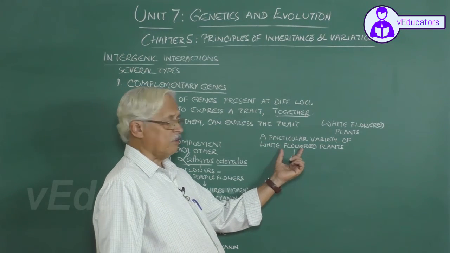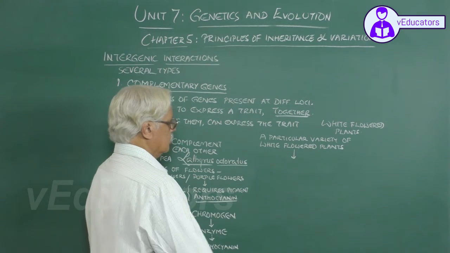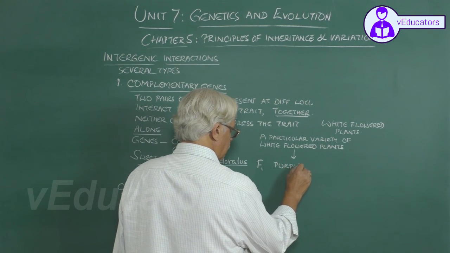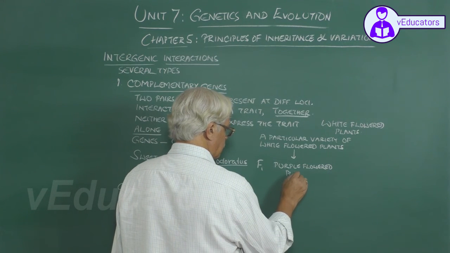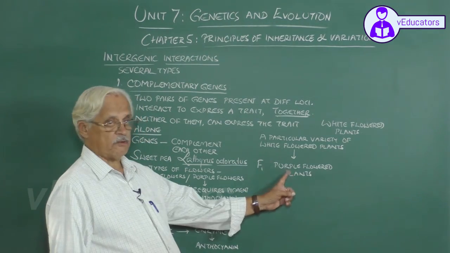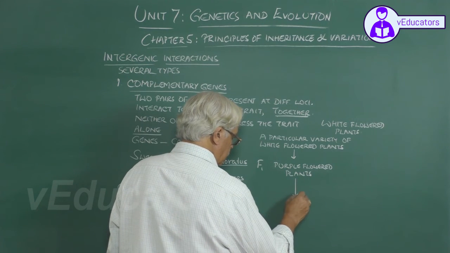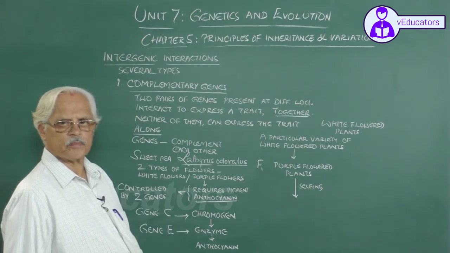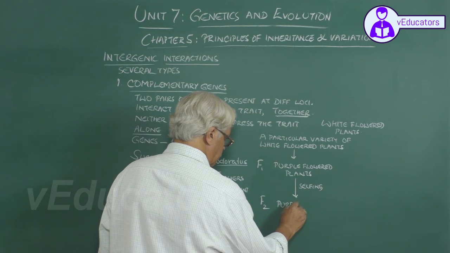When a particular variety of white flowered plants are crossed, in the F1 generation you will get purple flowered plants. Instead of white flowered plants, purple flowered plants are produced, and these purple flowered plants, if they are allowed to undergo selfing, then in the F2 generation you will get two types of plants.